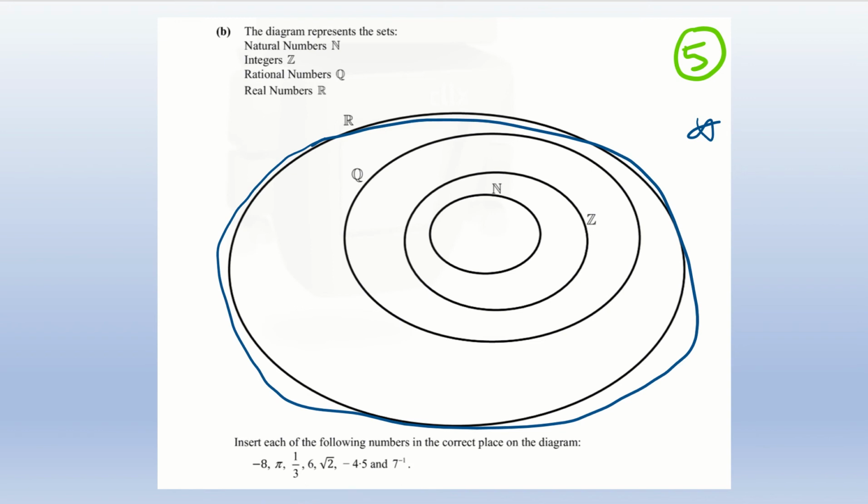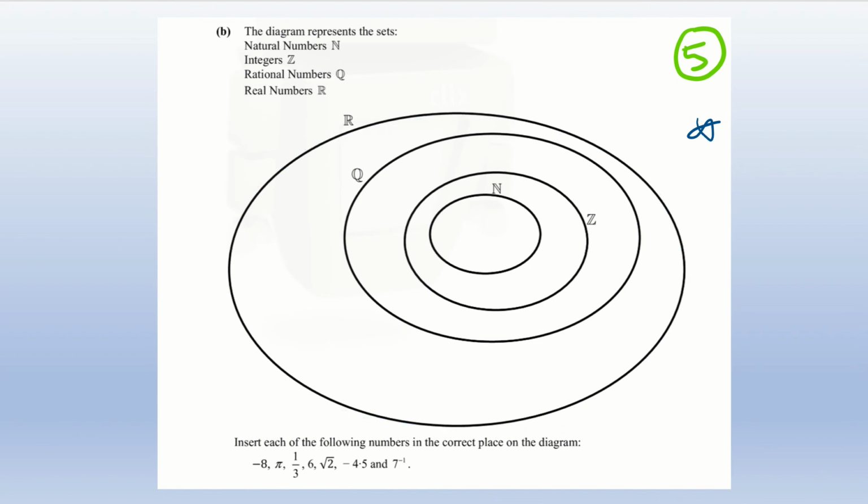We know that all of these numbers are going to go in this diagram somewhere, but we want to find the best place for them to go. So we're going to work from the outside in, and we're going to see where is the innermost circle that we can put each of these numbers.